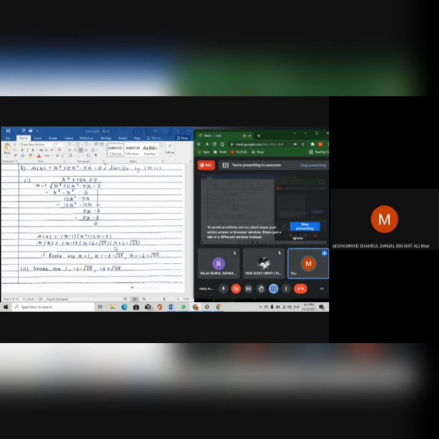And when x plus 6 minus root 29 equals 0, the final answer will be x equals negative 6 plus root 29. And after that, we will get the roots, the final answer here.